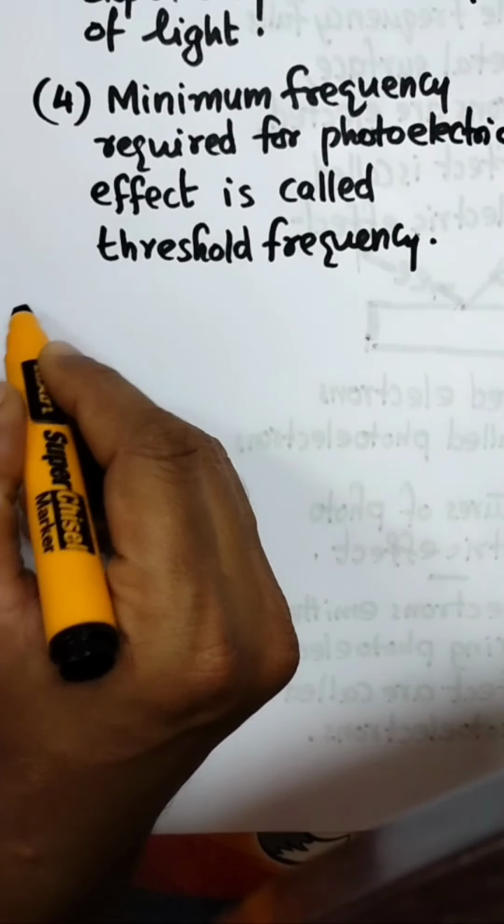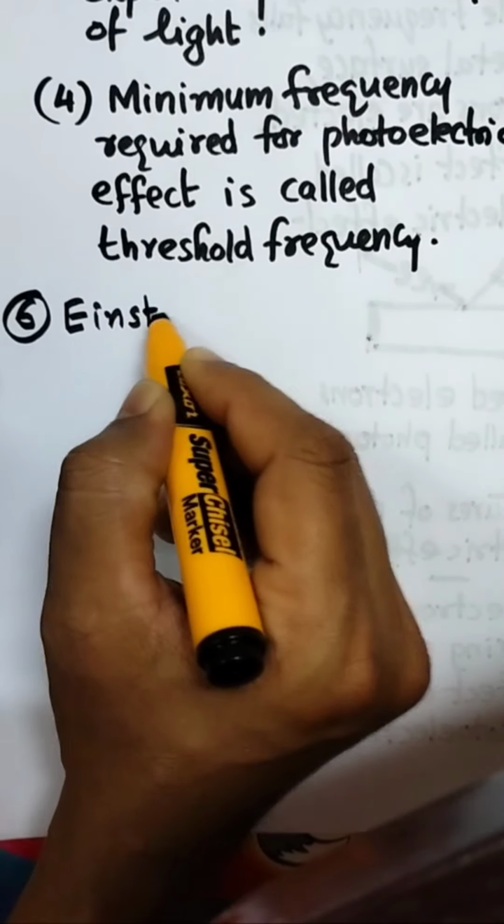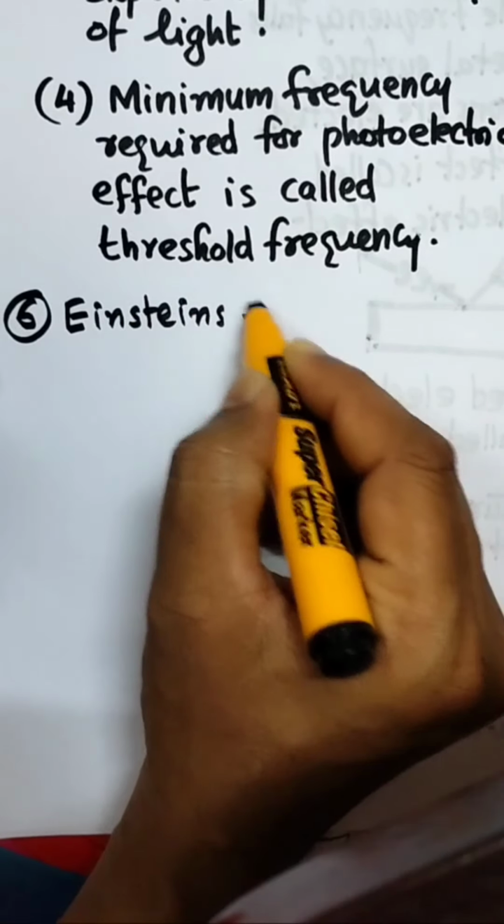Then sixth question. What is Einstein's explanation of photoelectric effect?